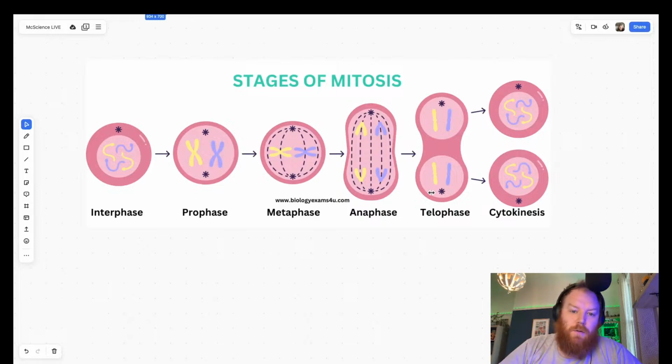And when it comes to the stages of mitosis, we have interphase, prophase, metaphase, anaphase, telophase, and cytokinesis. Now, cytokinesis and interphase aren't part of mitosis, but we classify them as part of the cell cycle.